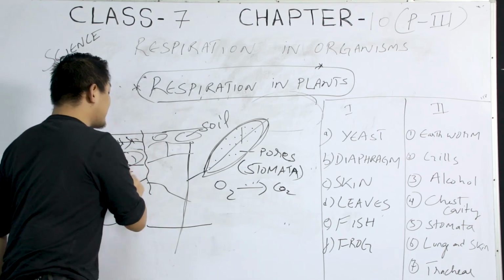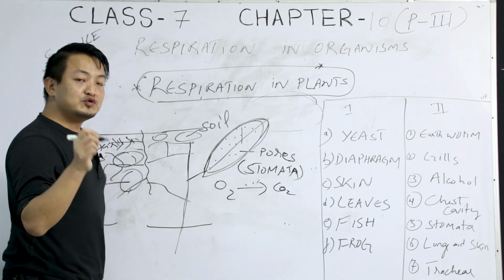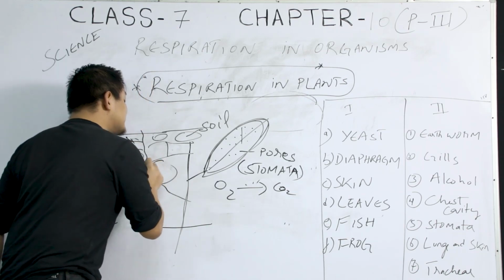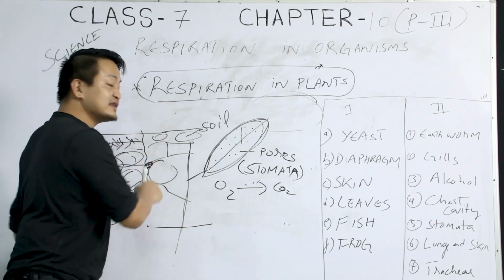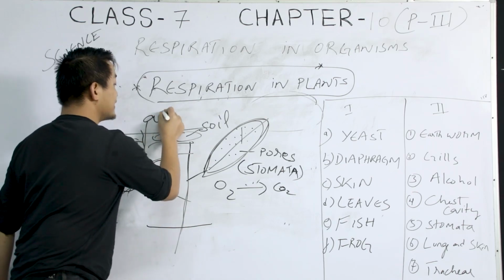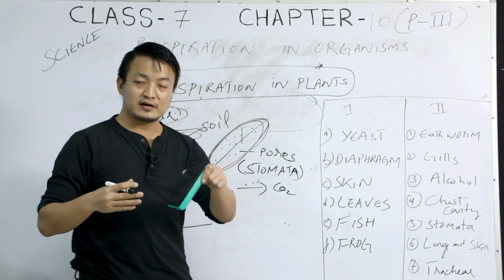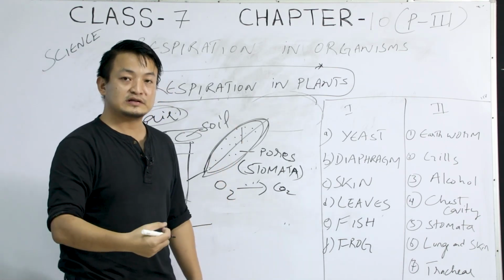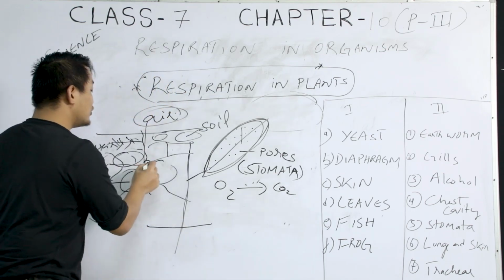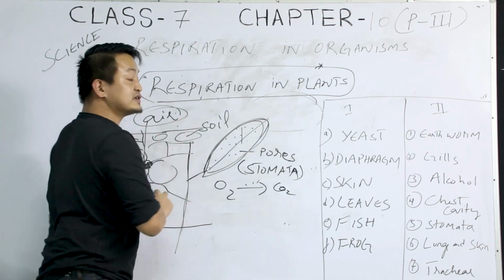You'll see soil, but at the same time you will also see some gaps. Through these gaps air enters inside. These spaces are filled by air. So we have a root inside, and then soil particles, and through this air enters. That is how air enters the root. So this is all about this chapter.